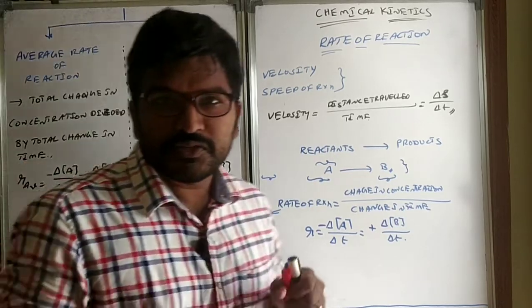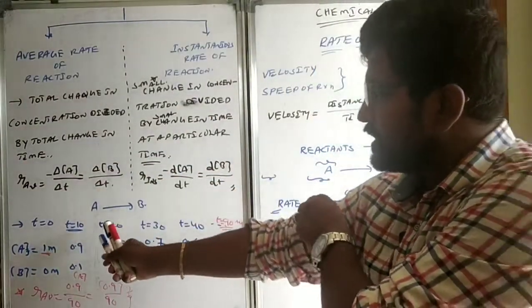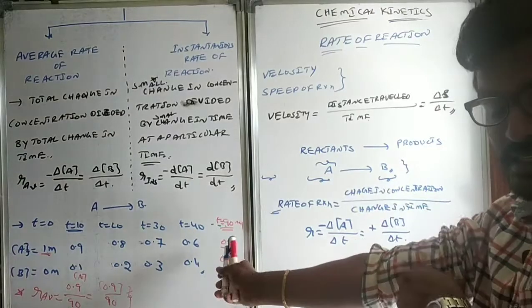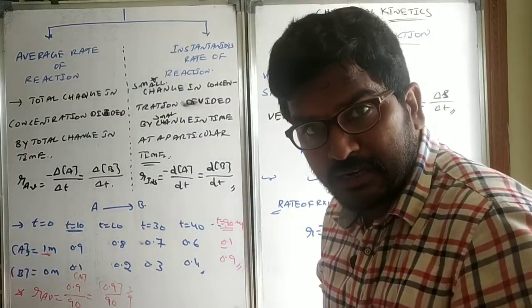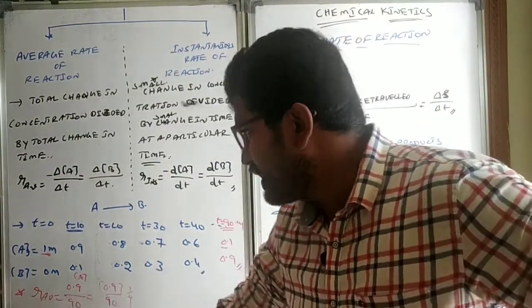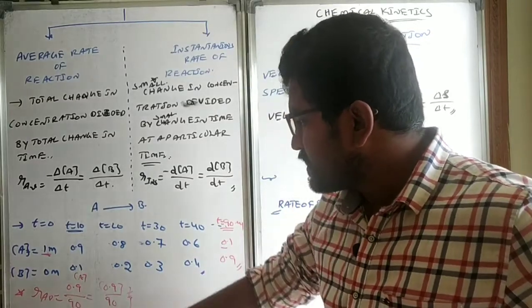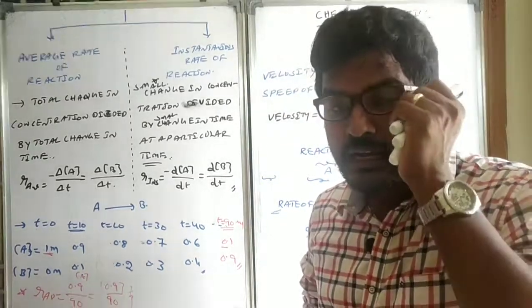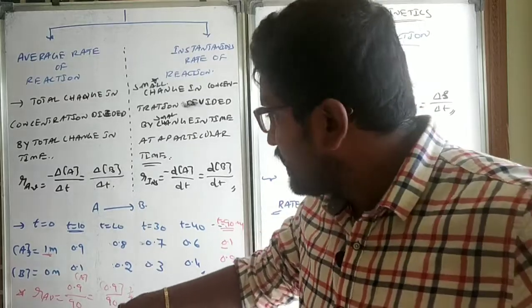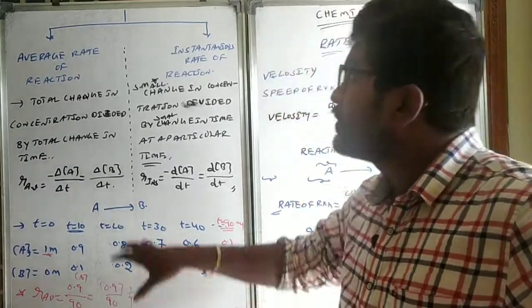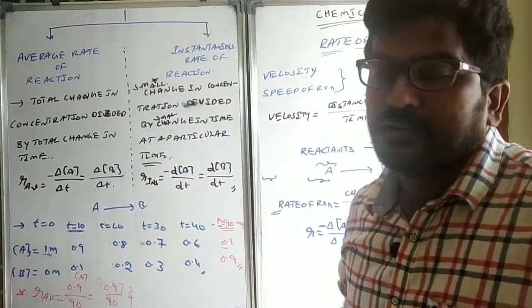Is it clear? Whenever they give you change in concentrations and change in time over different time intervals, we find the average rate. Total change in concentration by total change in time. This kind of thing is very important during rate calculation.